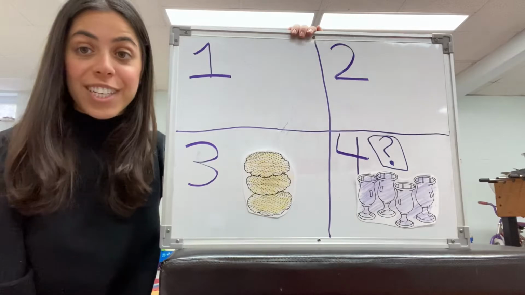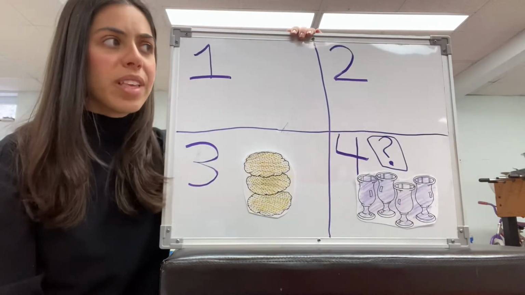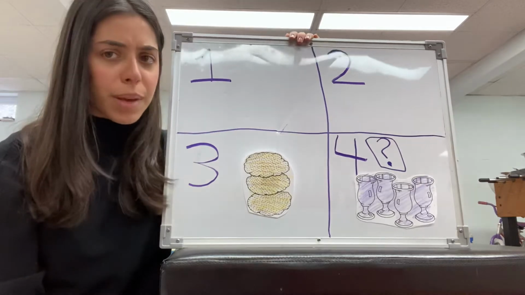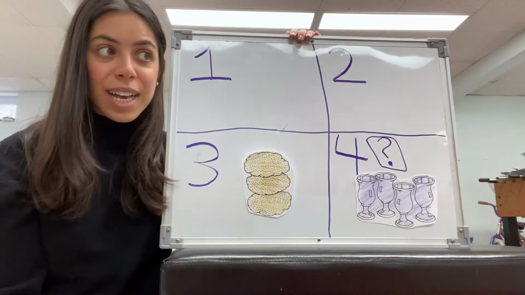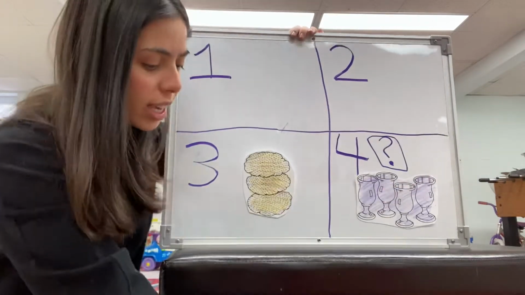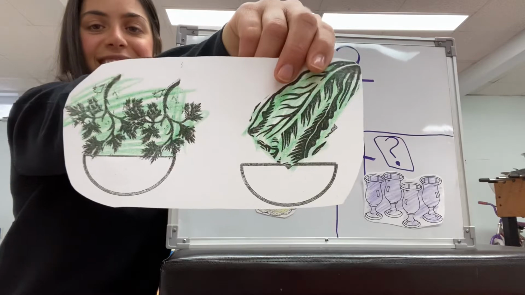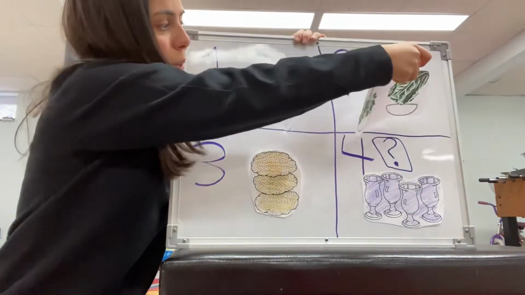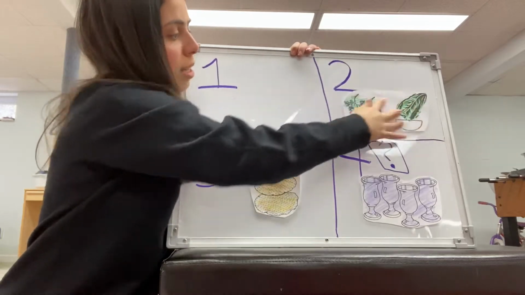This was from the Manishtana. In the Manishtana, we said there's something that we do 2 times on Pesach. Anybody remember? On Pesach, we dip. We dip 2 times.